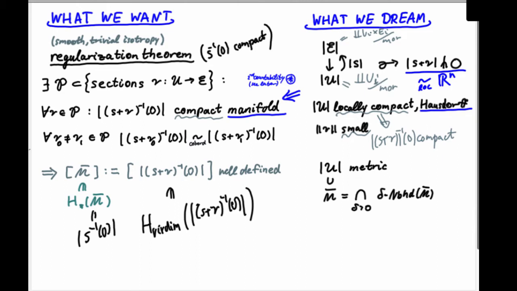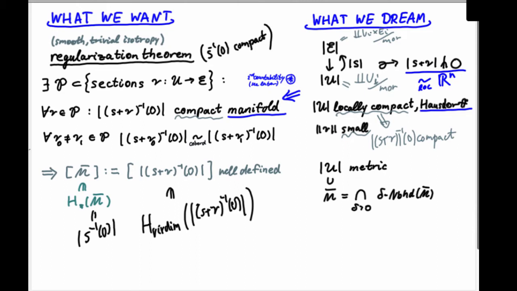But the main point here is there's really no good idea for getting the Hausdorff property for this perturbed set, unless it sits in a Hausdorff ambient space. So that will be one of our tasks.